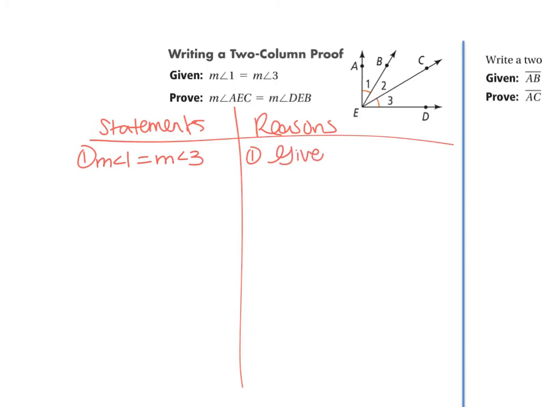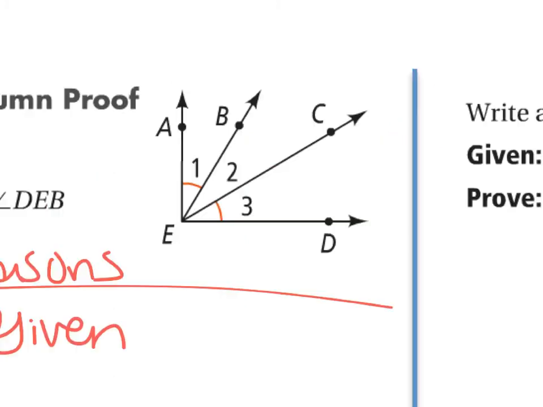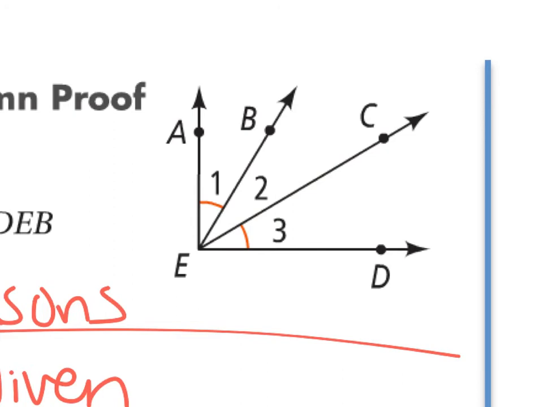Because it's given. So we know that, and we're trying to prove this. So this is what our last line should look like on the left. So let's talk about this. We're trying to prove that this angle and this angle are congruent, which they are. It's not a yes or no question.